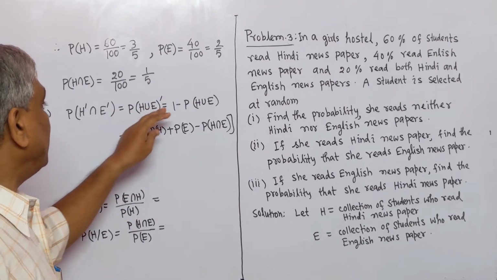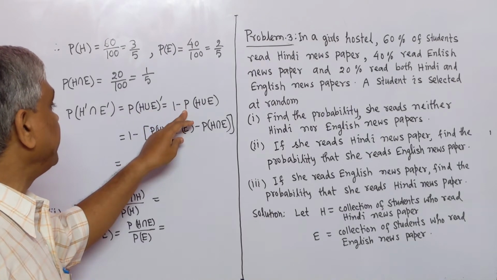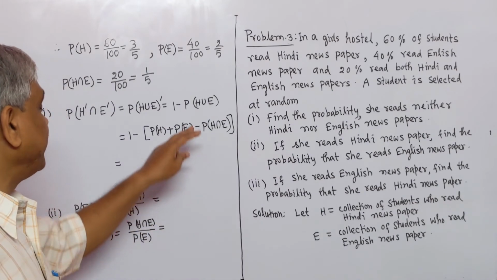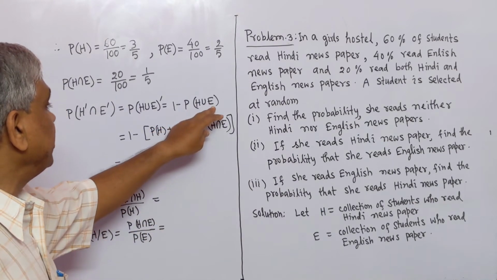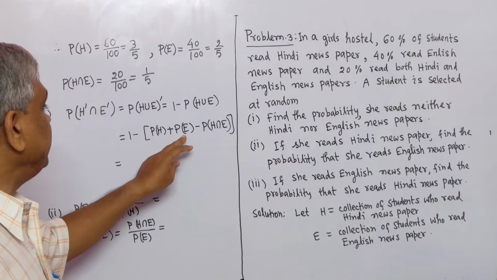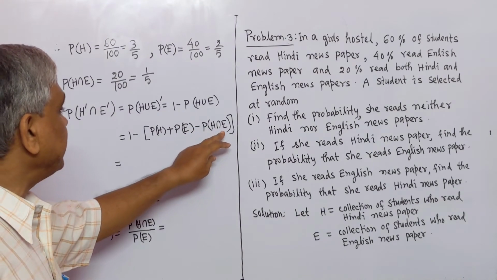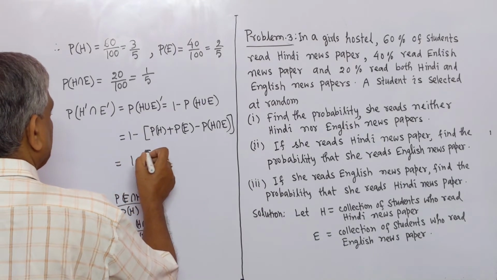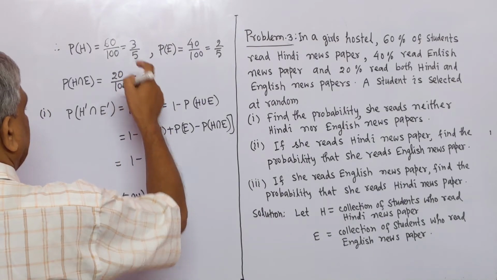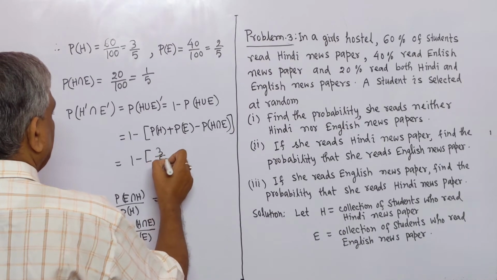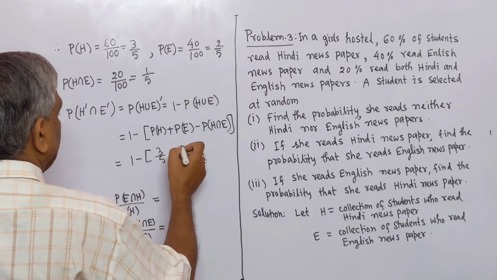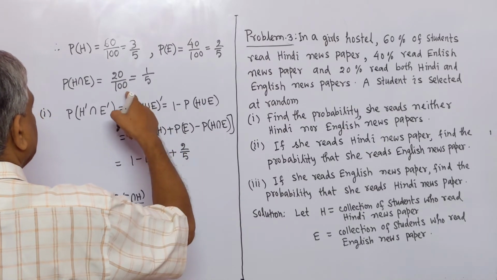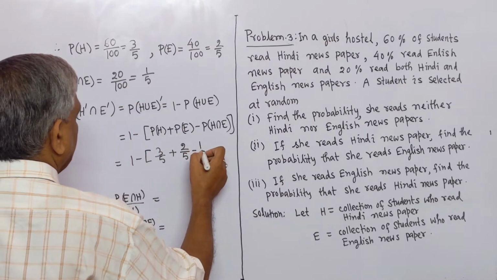And this is equal to 1 minus probability of H union E. Since by total probability, P(H union E) equals P(H) plus P(E) minus P(H intersect E). Here this equals 1 minus... P(H) is 3 by 5, P(E) is 2 by 5, and P(H intersect E) equals 1 by 5.